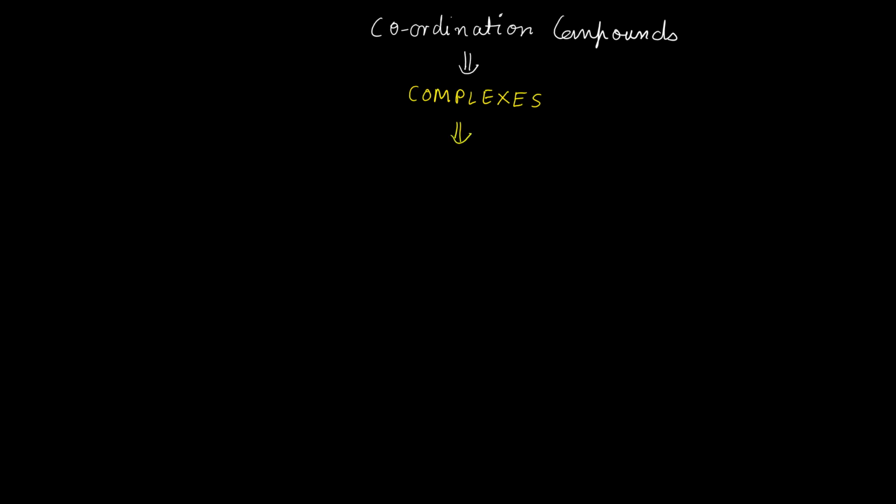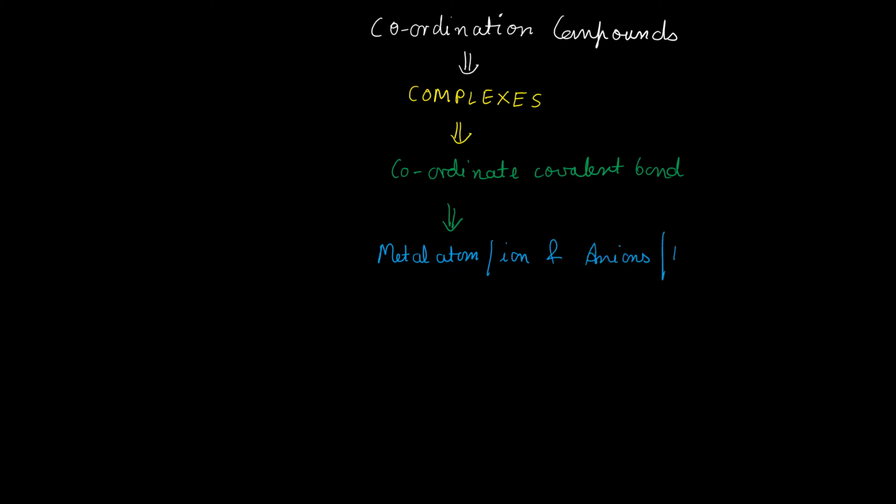Second important thing about these complex compounds is these have coordinate covalent bond in them. Now this coordinate covalent bond will be present between metal atom or ion and anions or neutral molecules.